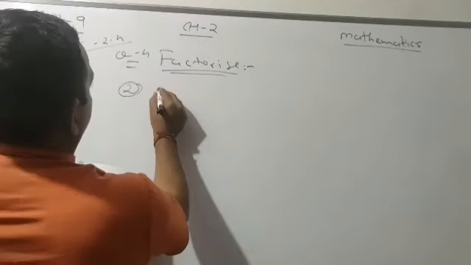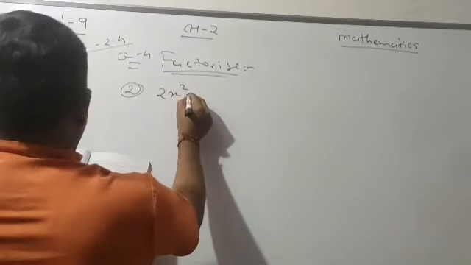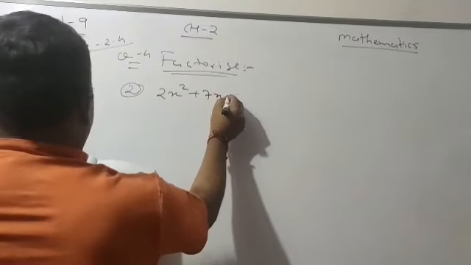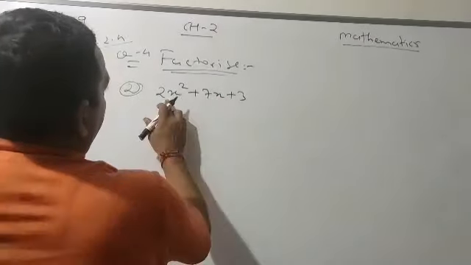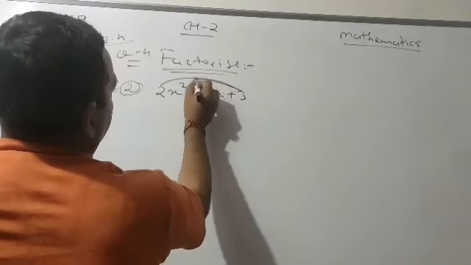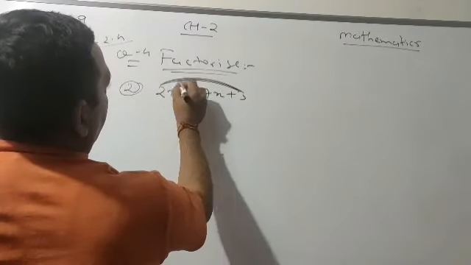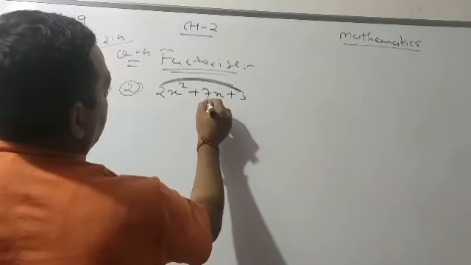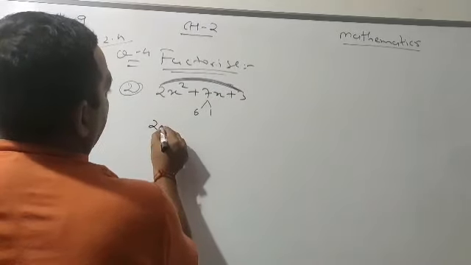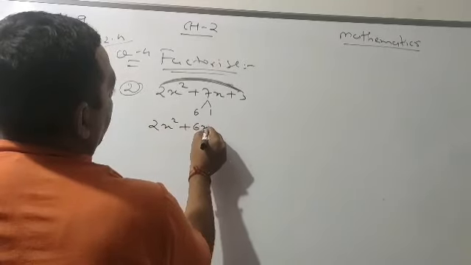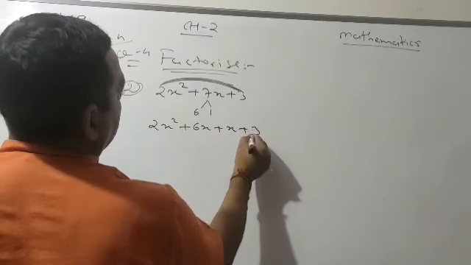Now question number 2. The question is 2x square plus 7x plus 3. See, here the product is 3 twos are 6. We have to split 6 in such a way that it gives 7. It is clearly seen that 6 ones are 6. So we will write 2x square plus 6x plus x plus 3.